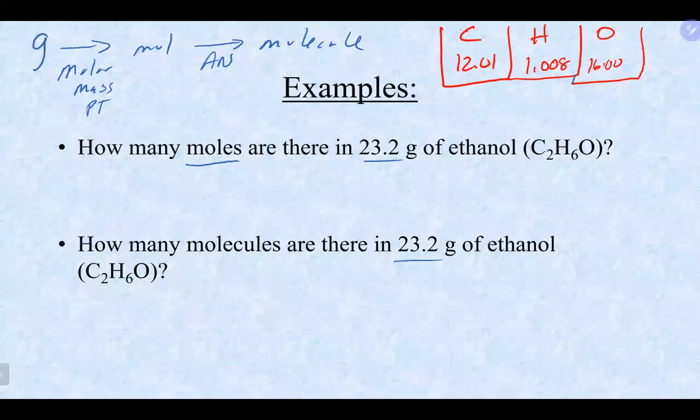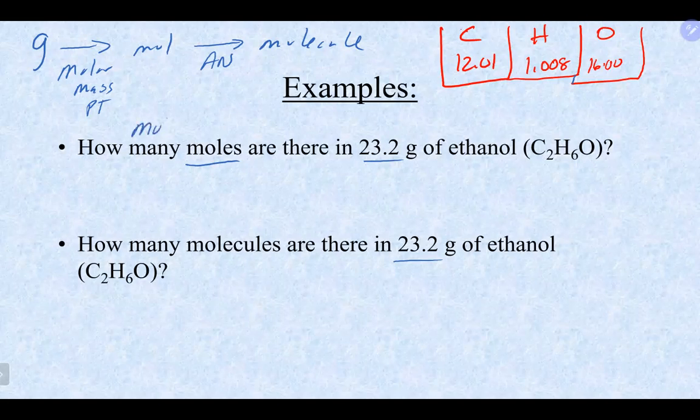So again, we're just going to add up all the parts from the periodic table. So our molar mass here of ethanol would be, there are 2 carbons, each at 12.01 grams per mole. There are 6 hydrogens, each at 1.008 grams per mole. And there is just 1 oxygen at 16 grams per mole.